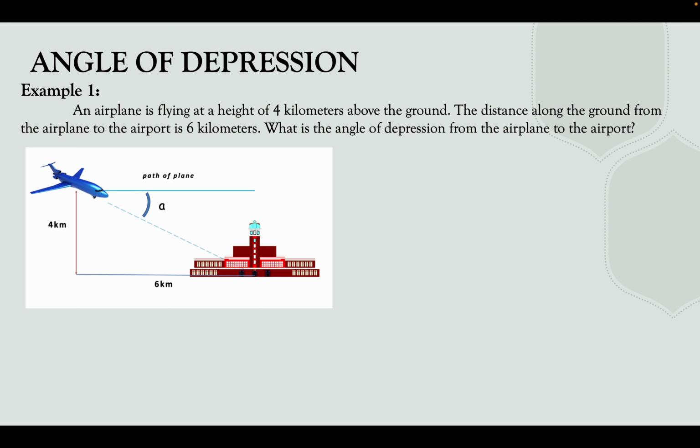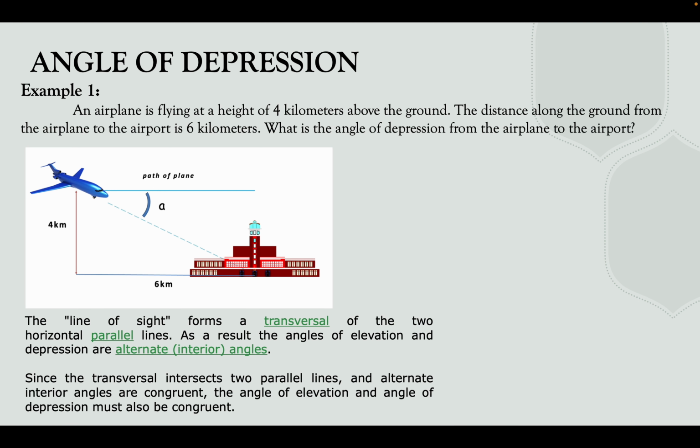Let's first recall our grade 8 lesson about two parallel lines cut by a transversal line. The line of sight forms a transversal of the two horizontal parallel lines. We can create the two horizontal parallel lines here.